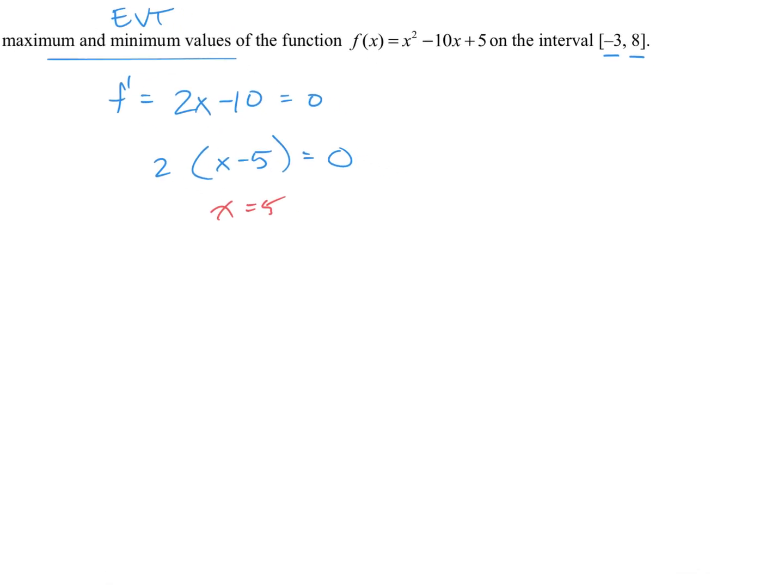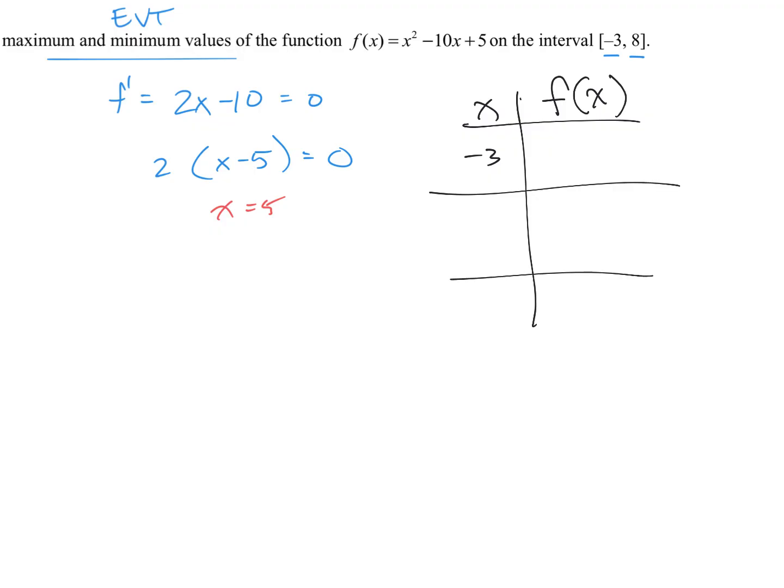I have to compare that to the values at the endpoints as well. Remember, the extreme value theorem says I have to plug it back into the original function and see who's the biggest and who's the smallest. I've got my endpoints and my critical point, so we're plugging those back into the original function. It's going to be a little bit of work here.